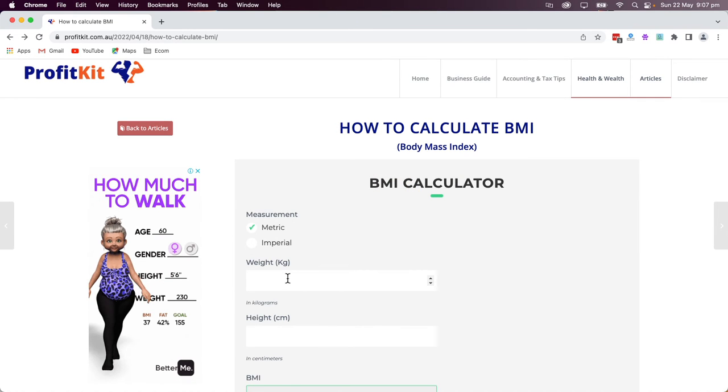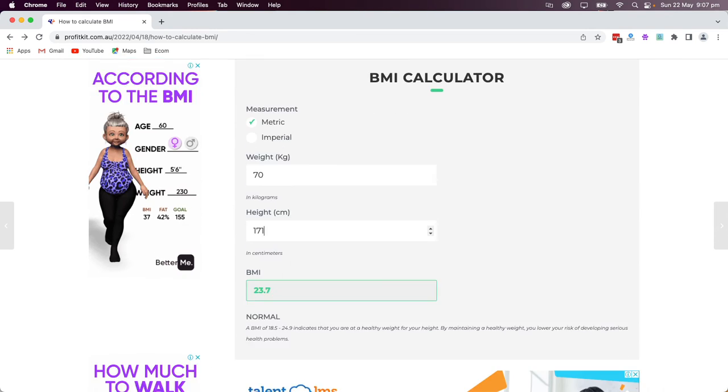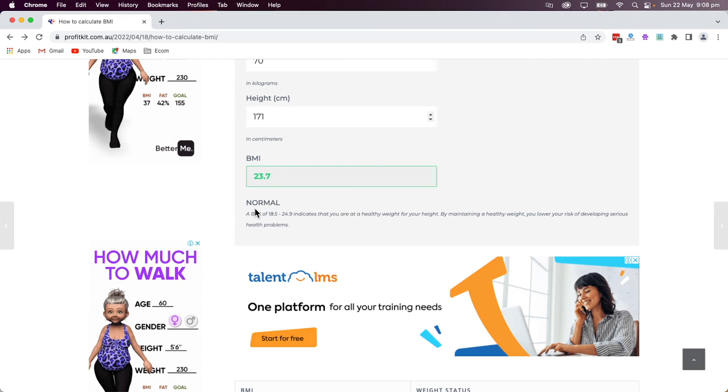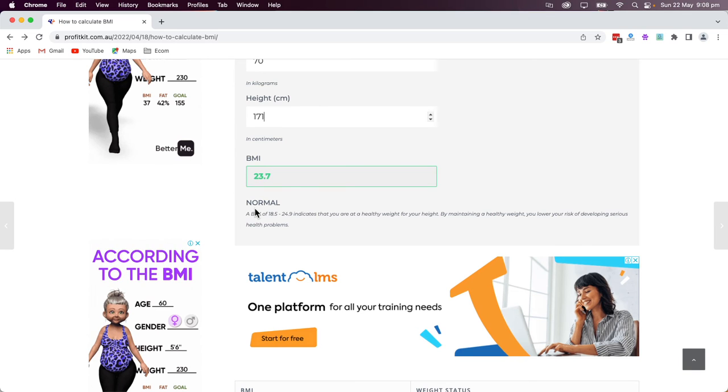So we'll type the variables in again. We've got weight, 70 kilograms, and then height, 172. As you tab down, it'll calculate your BMI for you, and it'll also tell you what category you fall into. Based on this scenario, it's one rounding different, but that's just a rounding calculation, nothing else.